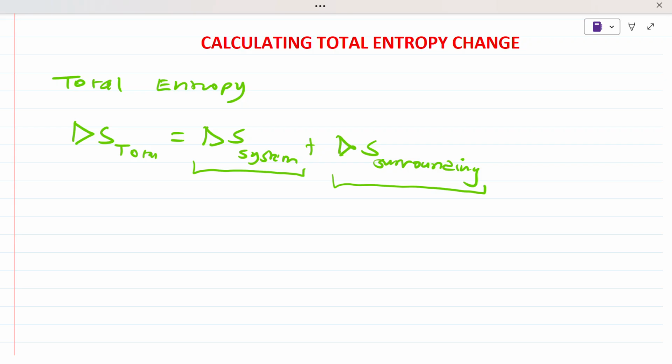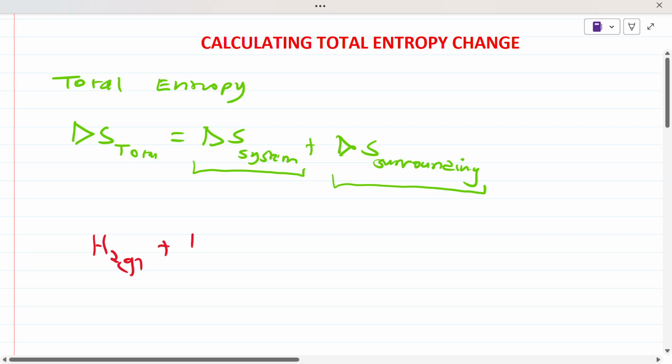I'm given a reaction, the same reaction that we did initially. Imagine hydrogen gas reacting with an atom of oxygen to give us a mole of water.